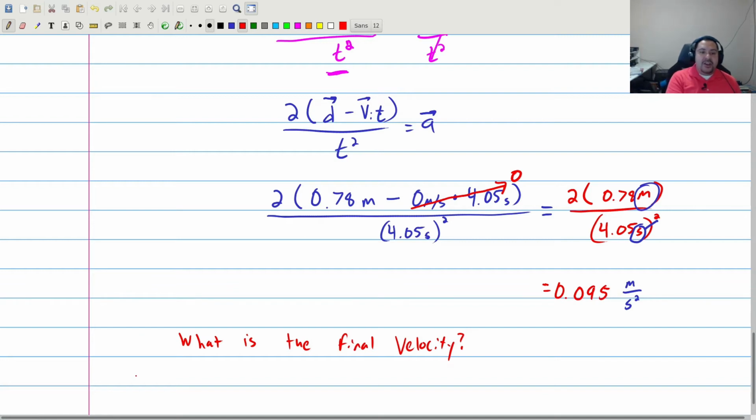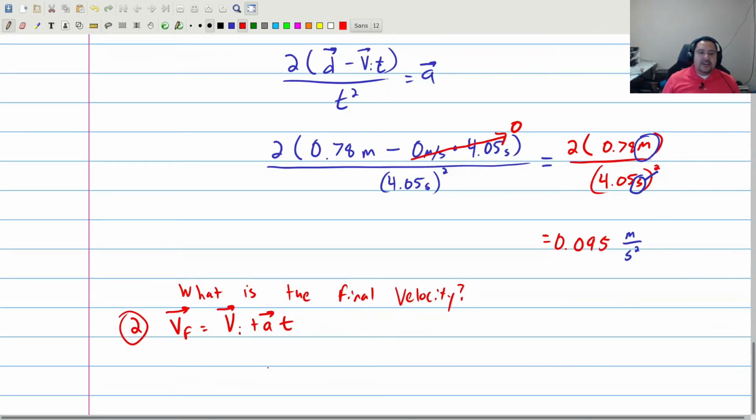They are equation number 2, which says V final is equal to V initial plus A times T, and equation 4, V final squared is equal to V initial squared plus 2AD.